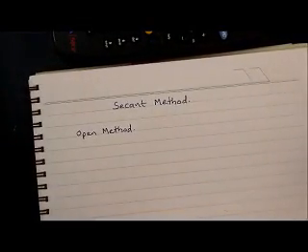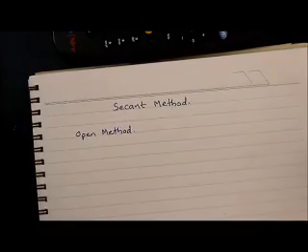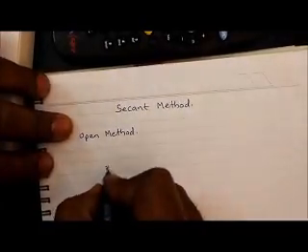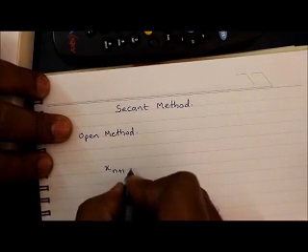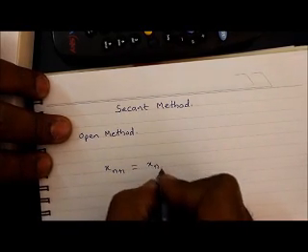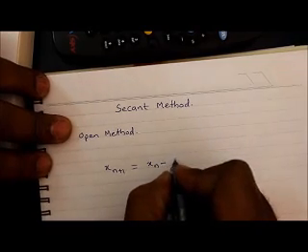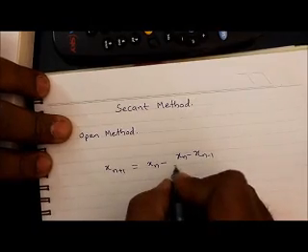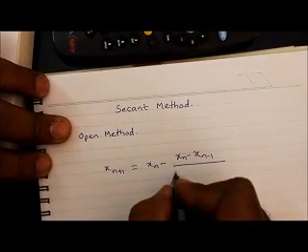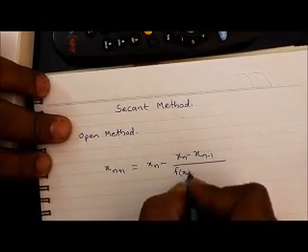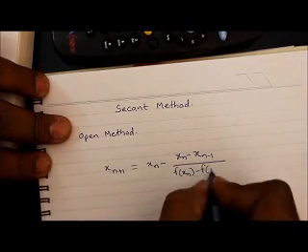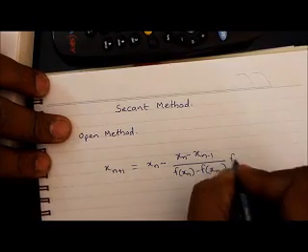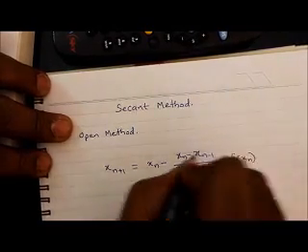Alright, the formula for this: x(n+1) is equal to xn minus (xn minus x(n-1)) divided by (f(xn) minus f(x(n-1))), the whole thing multiplied by f(xn).